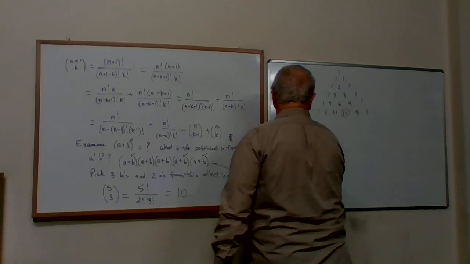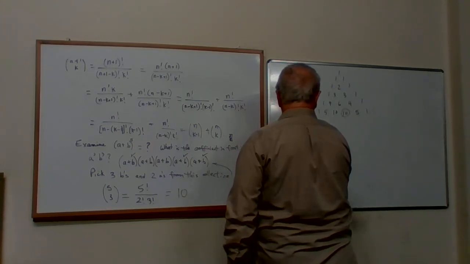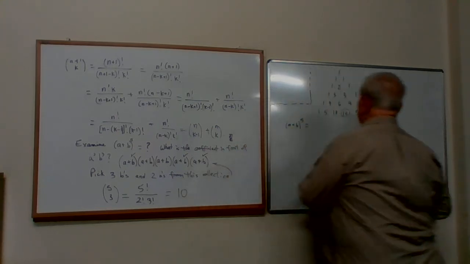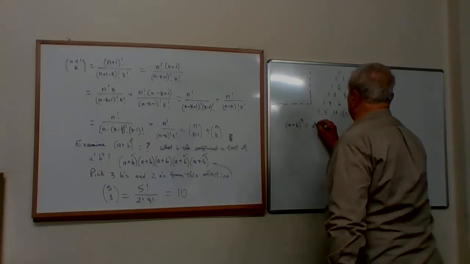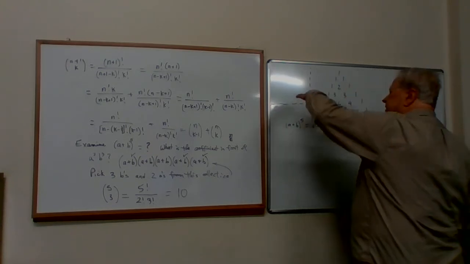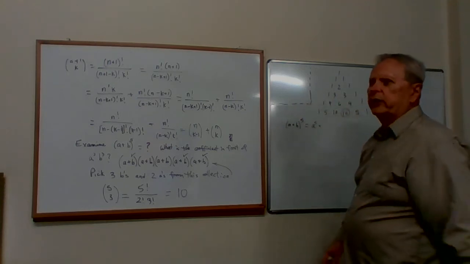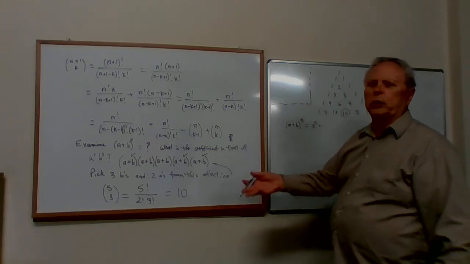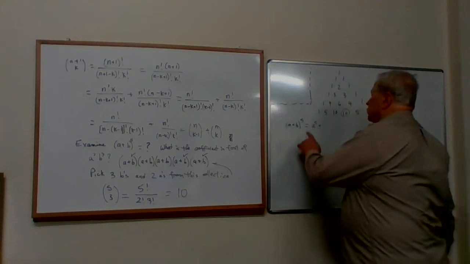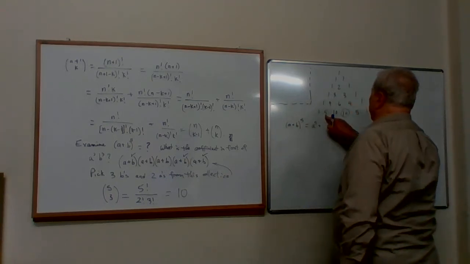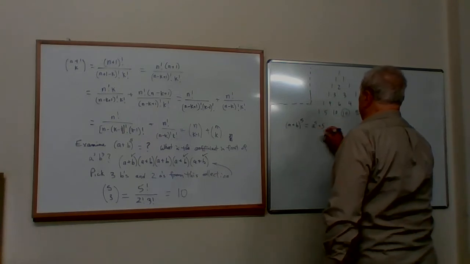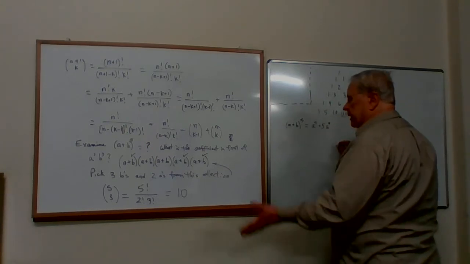Namely, a plus b to the 5th is equal to 1 times a to the 5th. And now I decrease, you just remember what John the Baptist said, he must increase and I must decrease, right? So a is going to decrease now. It's going to be a 5 for the coefficient, a to the 4th as b comes up.